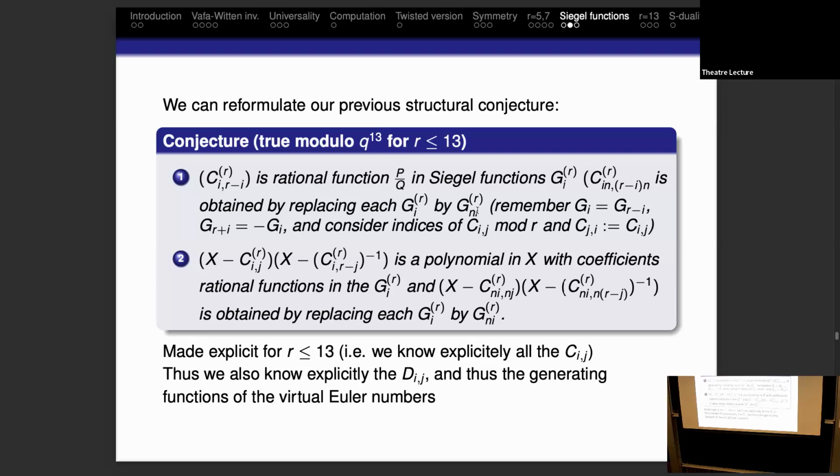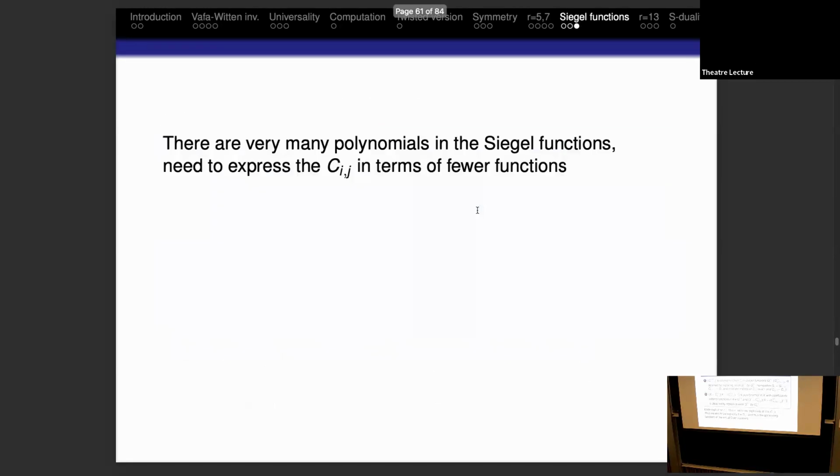And so when we know the C_ij, we can write down the D_ij explicitly. And so we know, at least when we believe in my conjecture, and we certainly know until a certain order, the virtual Euler numbers of the moduli space of sheaves on surfaces in rank up to 13.